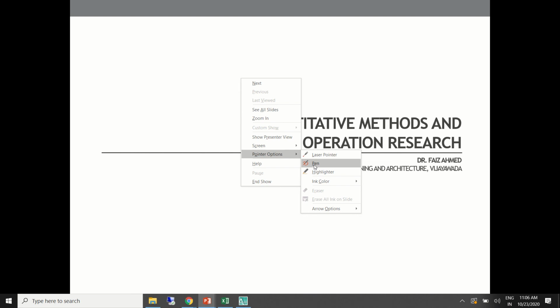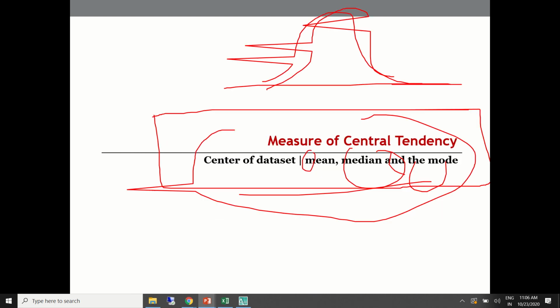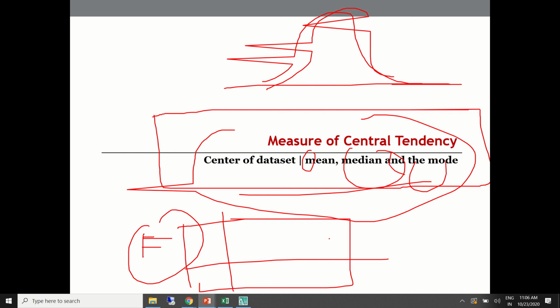First, the frequency table. How do we construct a frequency table so that it helps in quickly summarizing the data set?